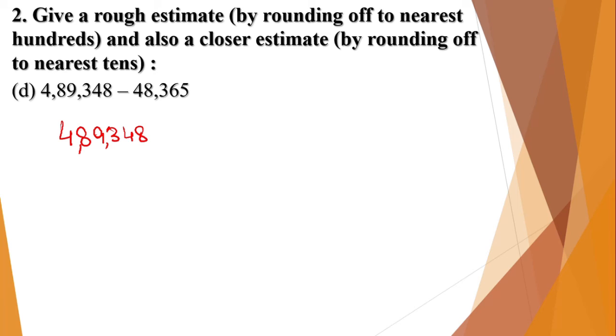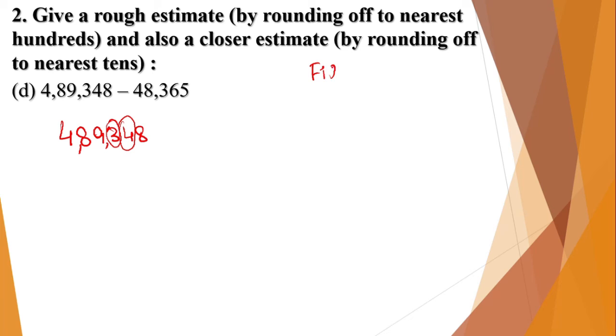Now first we should estimate to nearest hundreds, right? So first we should circle 3 because it's in hundreds place, and we should circle 4 because it's next to 3. And we should check the second circle digit, which is 4 here.